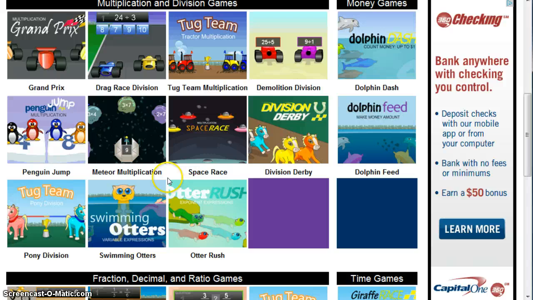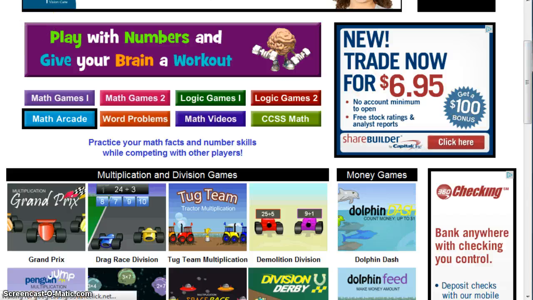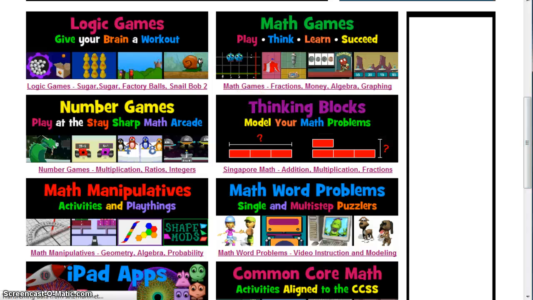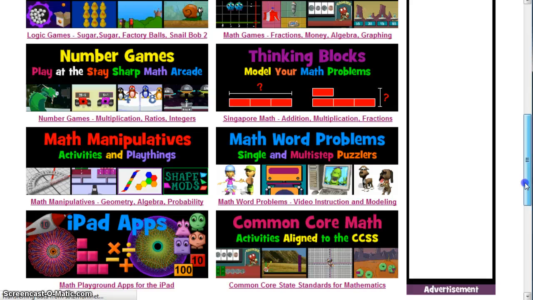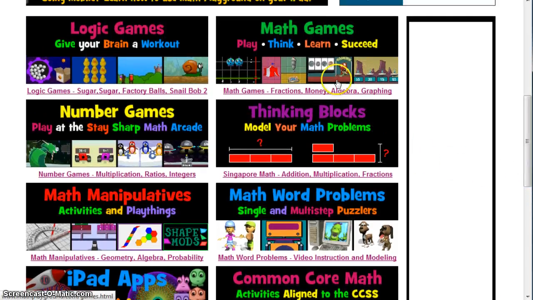So you can get to them here or from Academic Skill Builders. Going back just real quickly, you can check out some ones that are a little more advanced, these math games here.